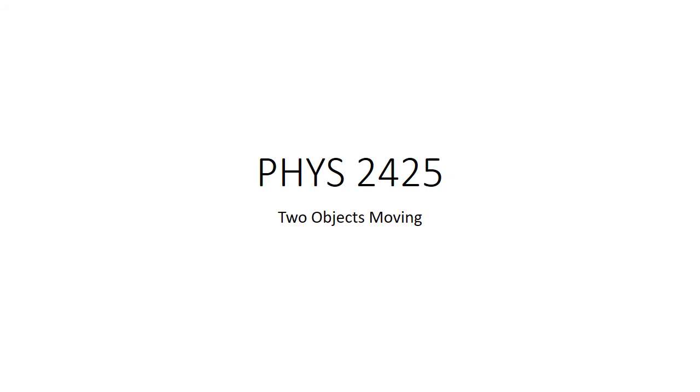So let's now consider the case of two objects that are moving, and how do we solve that? For example, let's say that we have a river and we have a log on the river, and the log is going down the river, and on the log is a cockroach, and so it's going under a bridge.